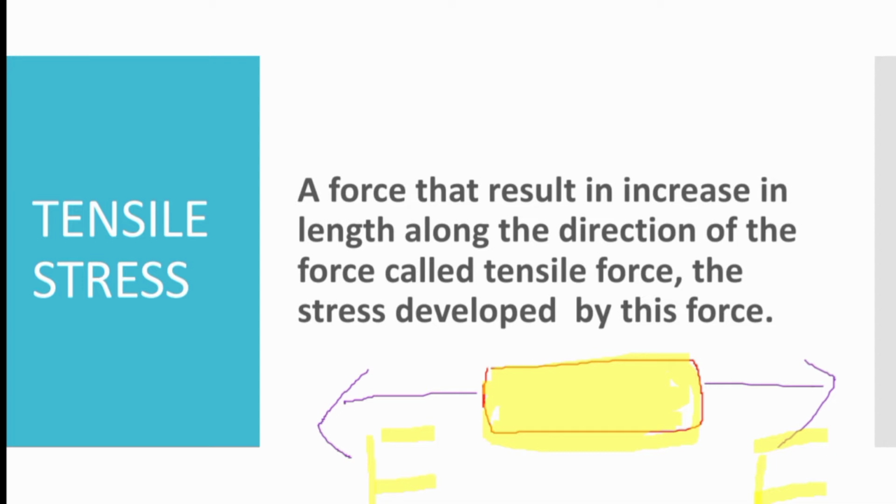If we consider a table, here we are applying a force. It tends to stretch the table. In this picture, we can see that two forces are applied in opposite directions so that both of the forces tend to stretch the table. The stress that is developed in the table because of this stretching force is called tensile stress.